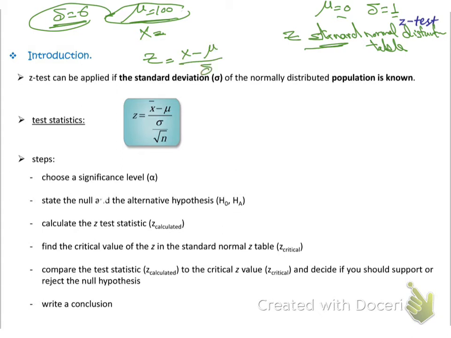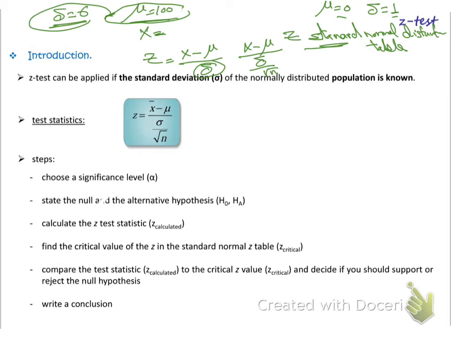Then we said in some cases we have the sigma of the means. So instead of having sigma, it will be x minus mu divided by sigma of the population divided by the square root of n of the sample.